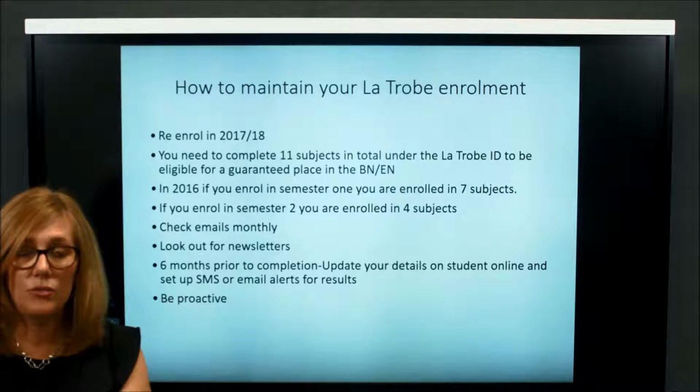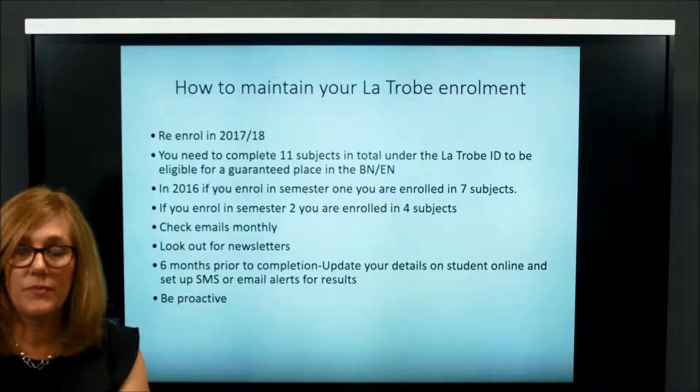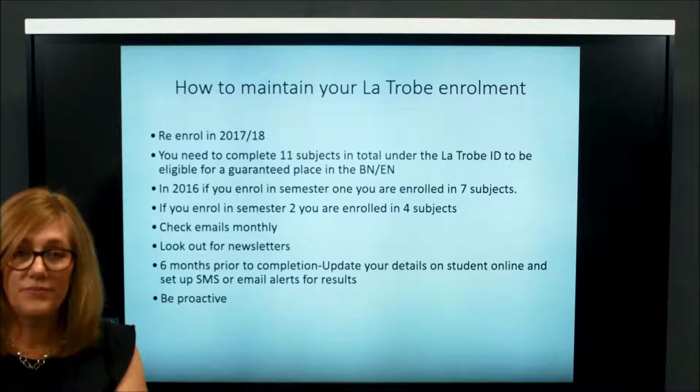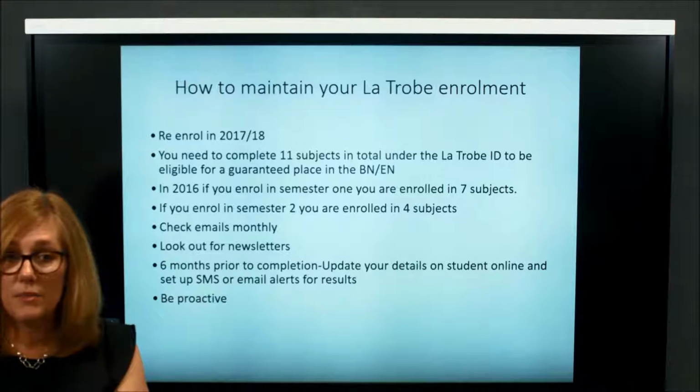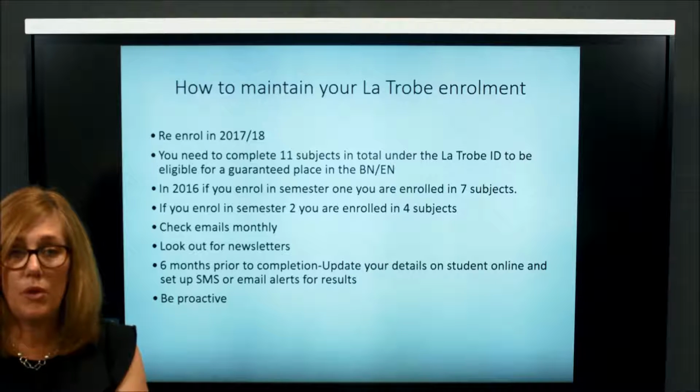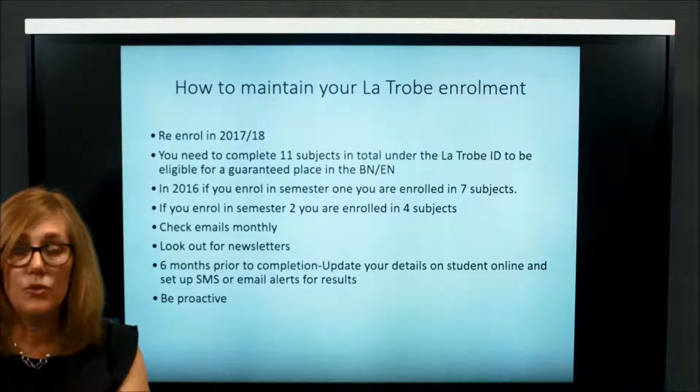Try and check your La Trobe email monthly. We send out valuable newsletters and information to students, also inviting you to events at your local La Trobe University. Around 6 months prior to completion of your diploma, it's really helpful if you can update your details on Student Online and set up SMS or email alerts for your results.